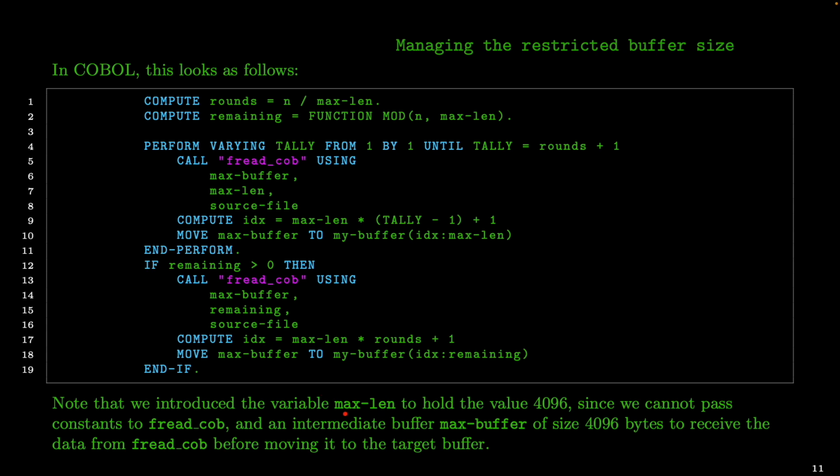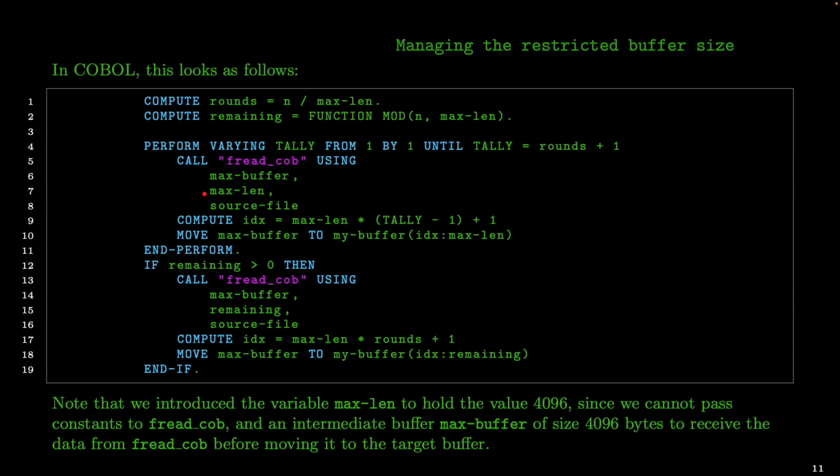And notice that I introduced two variables, max length and max buffer, where this is simply a variable to hold the number 4096, because, as I said before, I do not want to pass this as a constant here, but rather write it into a variable and then hand the variable to the subprogram.